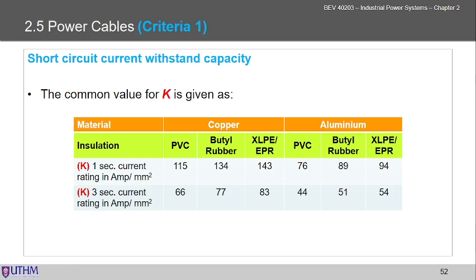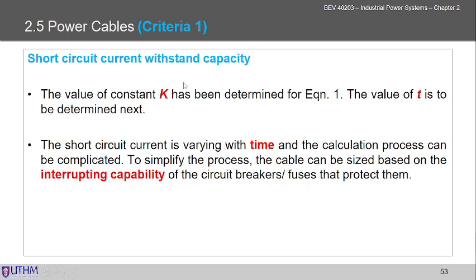This square root of 3 is for the 3 seconds here. So just simply divide the upper value by square root of 3, and you get the lower value for the 3 second current rating.